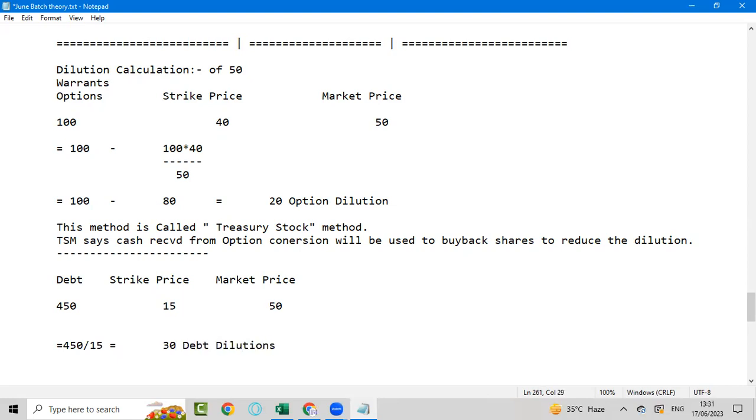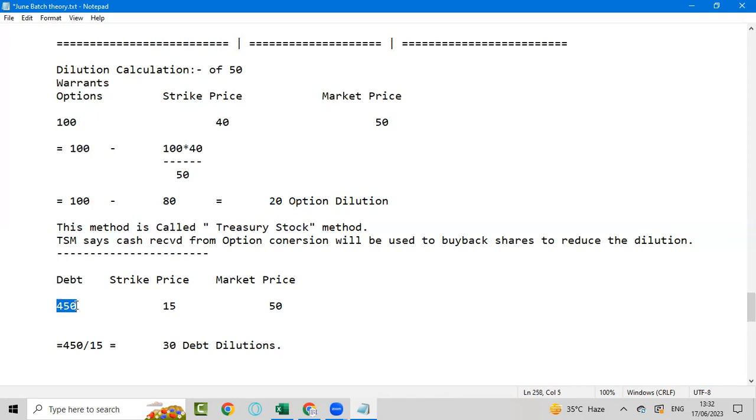This is your debt dilution. In this case, we are not buying back. Why? Because this was not an option. This was your debt. We have already used this cash to purchase land, machinery, advertisement, salary payment, whatever purposes. In the option case, that amount was an additional amount, so we had to take the net effect. Here, this is not an additional amount.